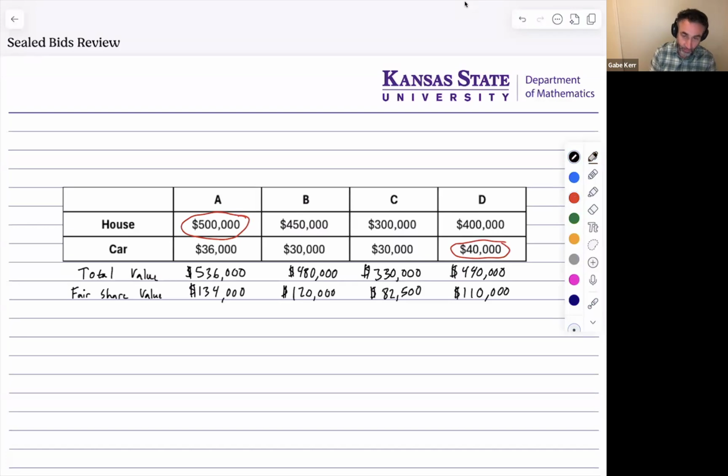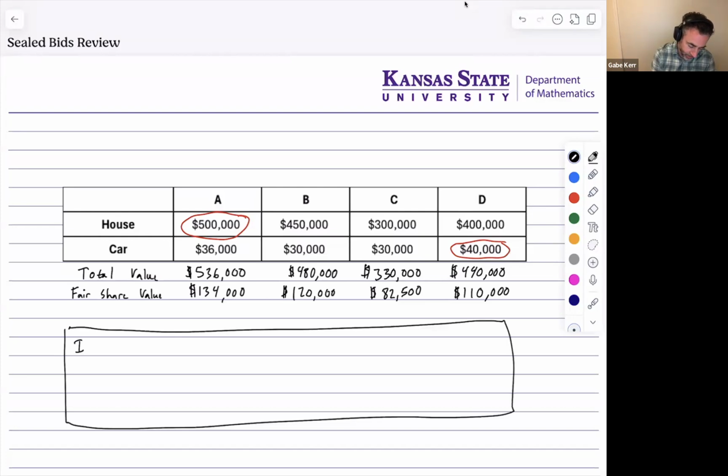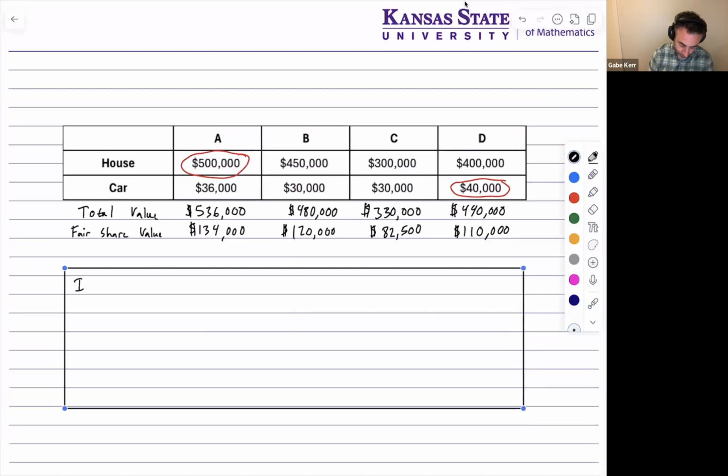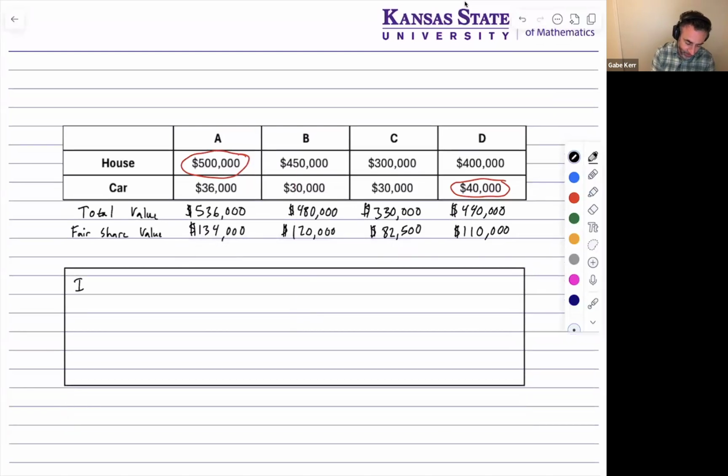All right, now we can find out how much would go to the estate or come from the estate in the initial settlement. So let's make a new table here, give myself a little bit of room, and I'll say, okay, items received.